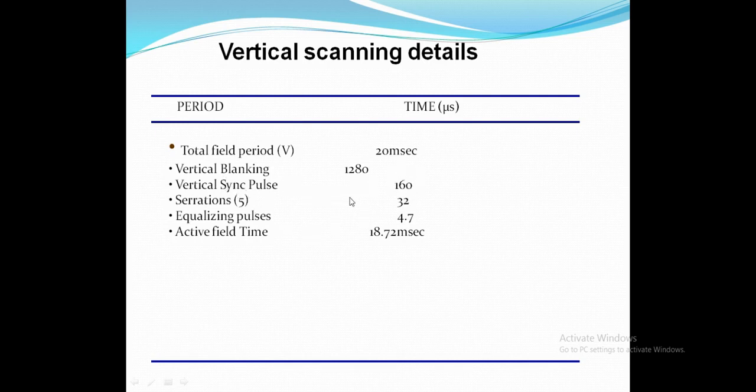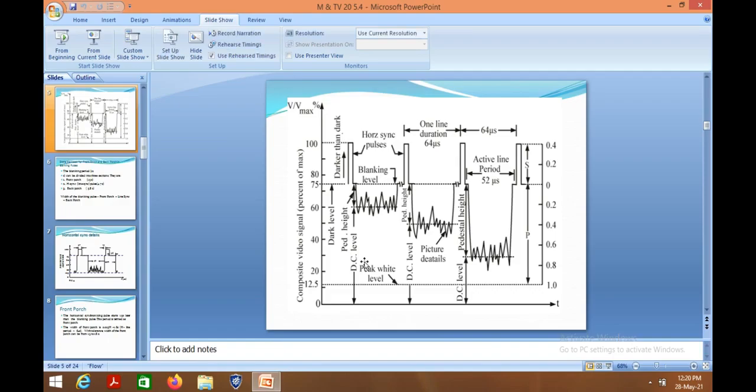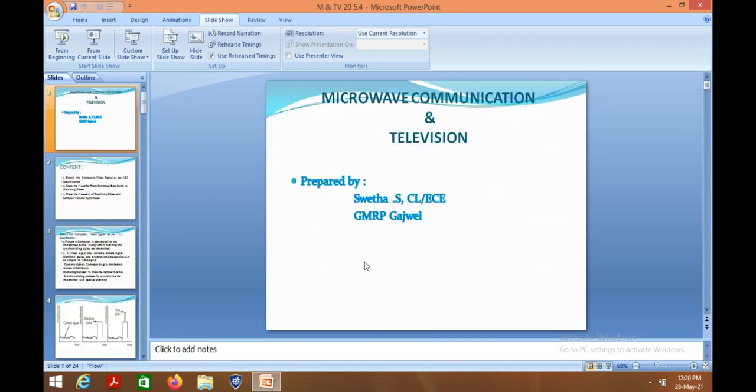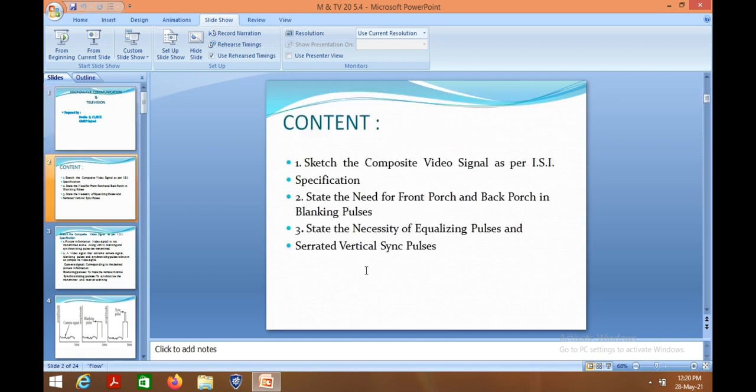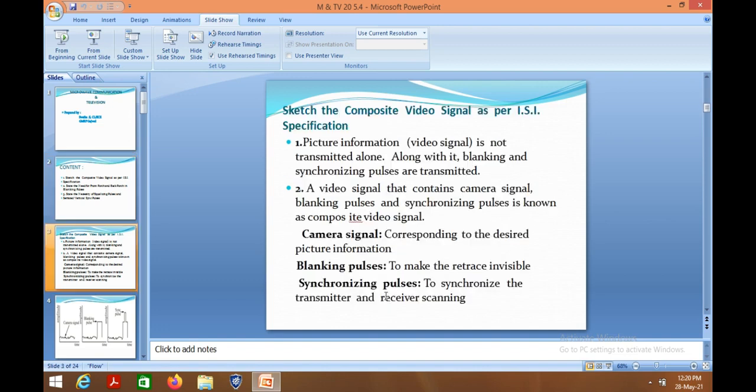In that, vertical blanking is 80 and vertical synchronizing pulse is 160, serrations is 32 and equalizing pulses 4.7 microseconds, and active field time is 18.72 milliseconds. So this is all about the different synchronizing pulses in the composite video signal and the need for equalizing and vertical synchronizing pulses.